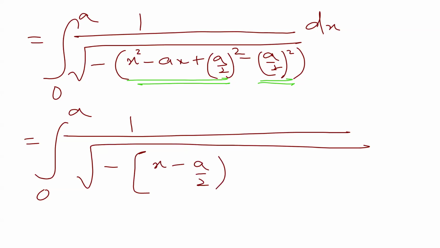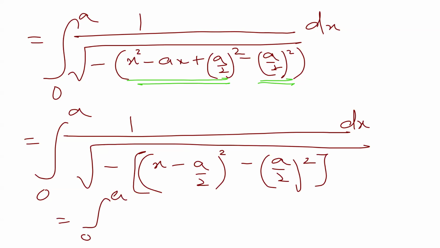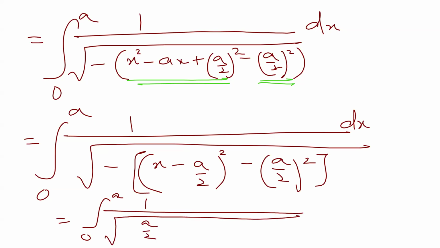x minus a by 2 the whole square, minus a by 2 the whole square dx. So 0 to a, 1 upon root of a by 2 the whole square minus x minus a by 2 the whole square.